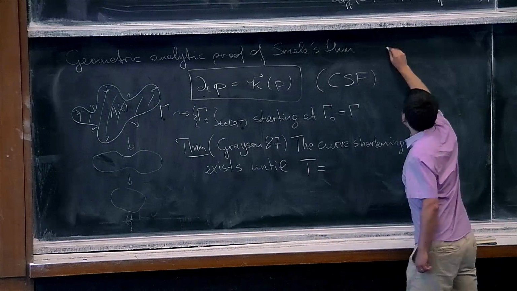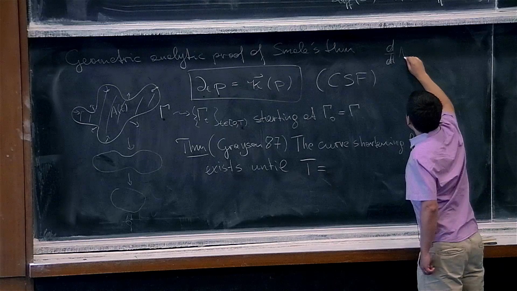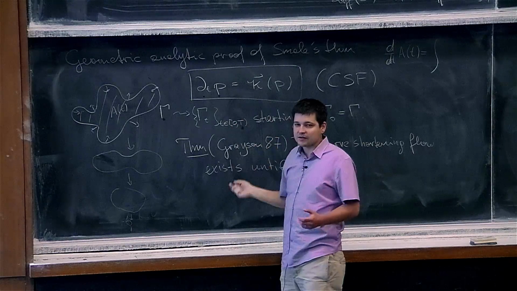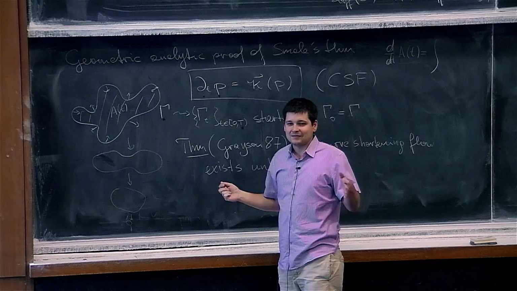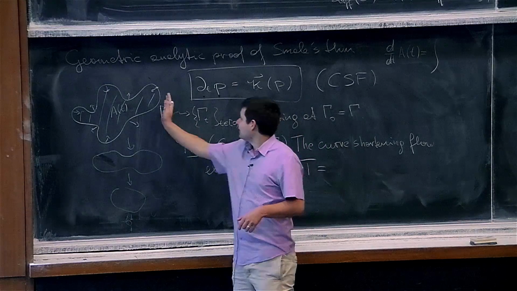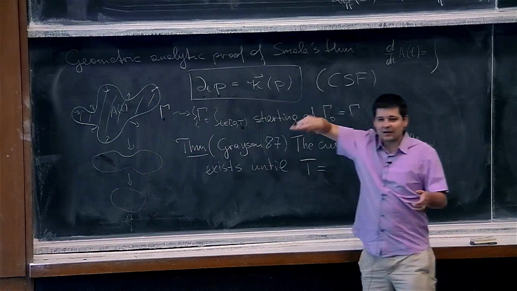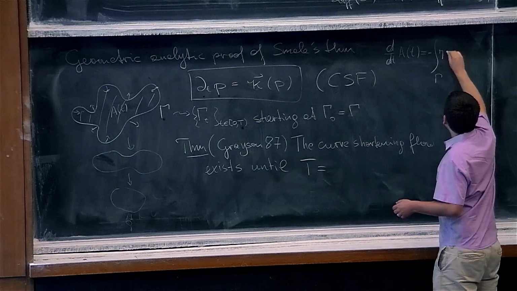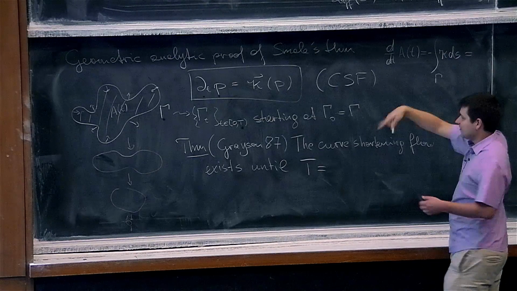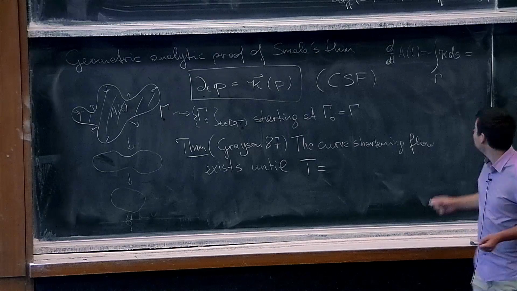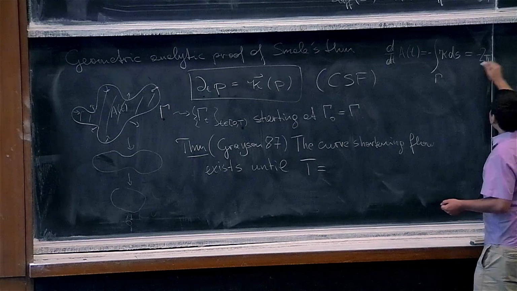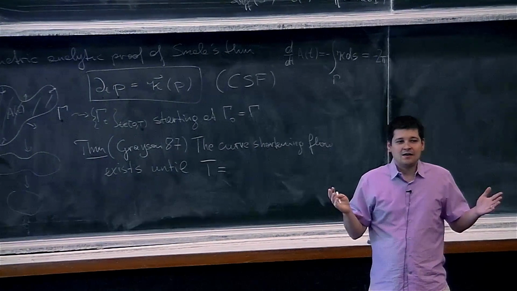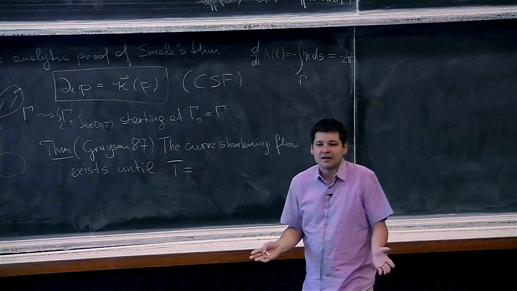Then you can compute, what is the rate of change of the area? Well, you move by curve shortening flow, so the curvature vector is the curvature times the normal vector. Then you look at how the area changes, so you just have to integrate the curvature along the curve. So that's minus the curvature integrated along the curve, but since it's an embedded curve, that's minus 2 pi. So you see the initial area divided by 2 pi is the maximal possible time it could possibly exist.